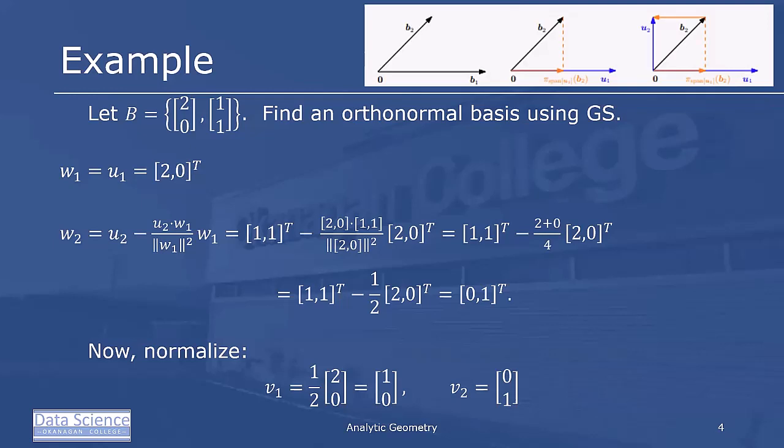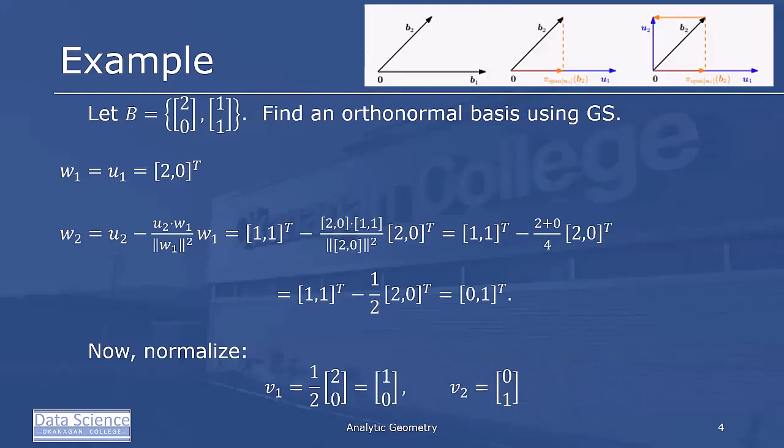So that's vector (1, 1) transpose minus the dot product of (2, 0) and (1, 1) over length of (2, 0) squared times vector (2, 0). So that's (1, 1) transpose minus 2 over 4 times the vector (2, 0): (1, 1) transpose minus a half (2, 0) transpose, or the vector (0, 1) transpose.